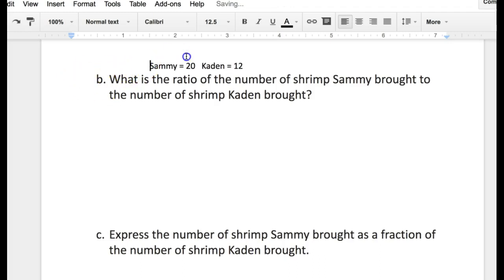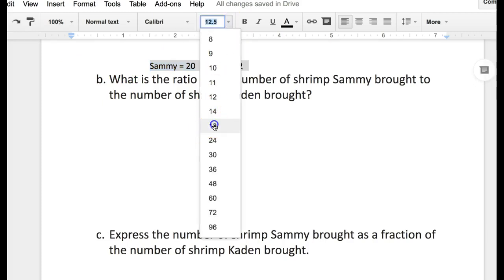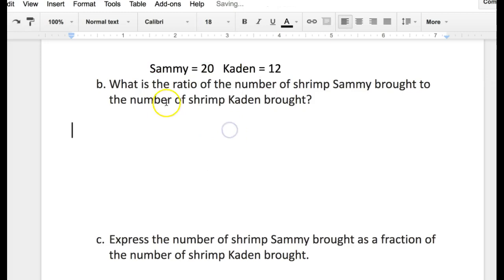So those are the numbers we're working with. We don't want to forget about those numbers. Let's make them nice and big for us. So when we're talking about the ratio of the number of shrimp Sammy brought to the number of shrimp Caden brought, what is that ratio? Ratio is 20 to 12. So that's easy enough.